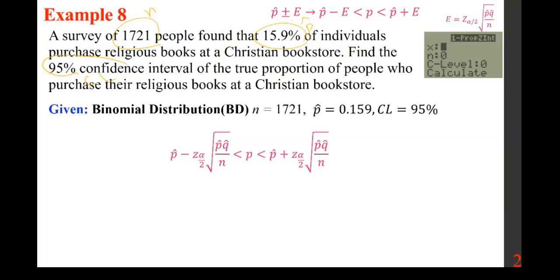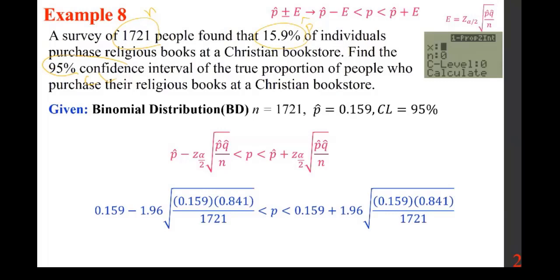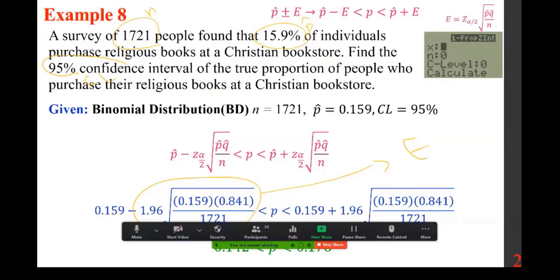I would actually stick with calculating E, and therefore that would make it easier. I would calculate this E just once, and subtract and add, and the final answer becomes what you see. 0.142 is less than p, which is less than 0.176.